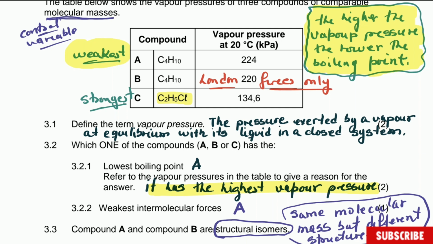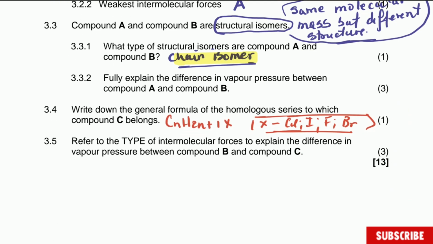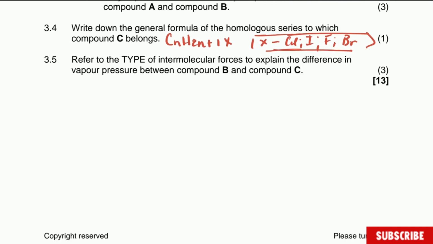But a haloalkane is also going to have dipole forces. That is important to know. So it has dipole and London forces. Guys, dipole is stronger than London forces. That's all you have to say, but we're going to write it right here for 3.5.